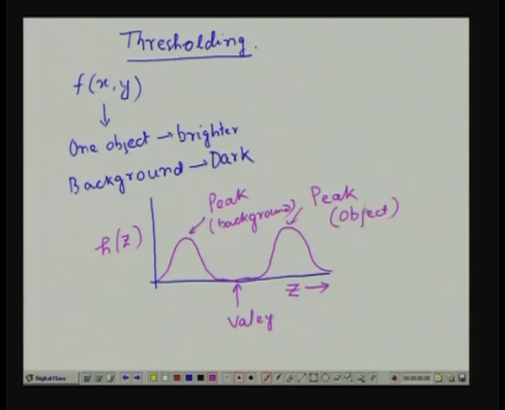Now, the simplest form of segmentation is if we can choose a threshold value, say t, in this valley region, and we take a decision that if a pixel at location x y has an intensity value f(x,y) greater than t, then this pixel belongs to the object, whereas if f(x,y) is less than or equal to the threshold t, then this pixel belongs to the background.